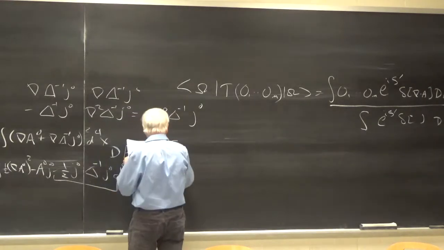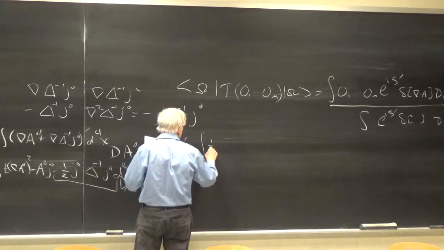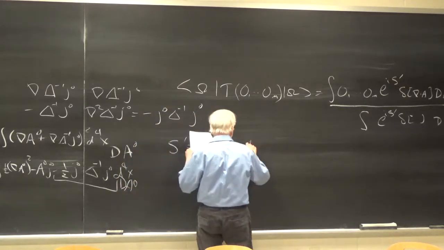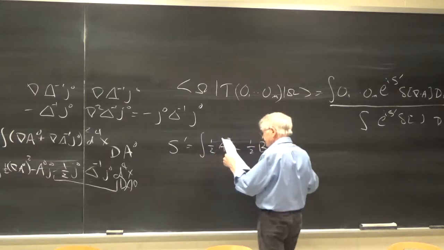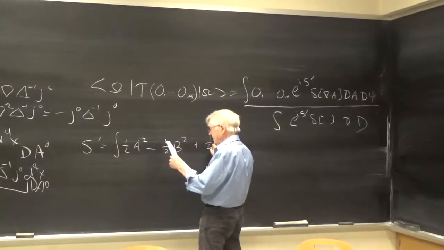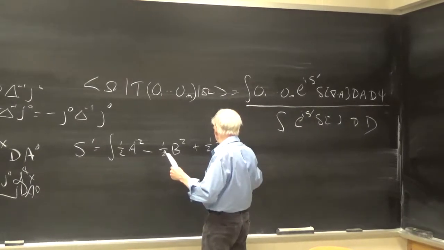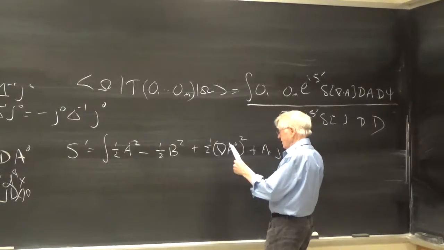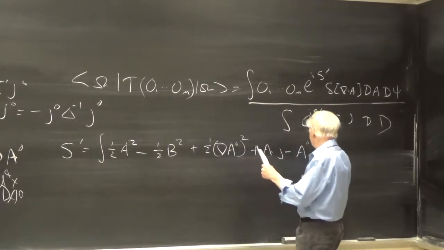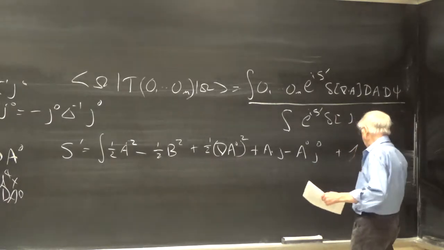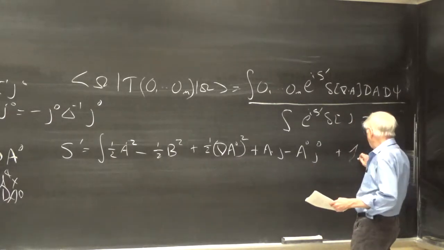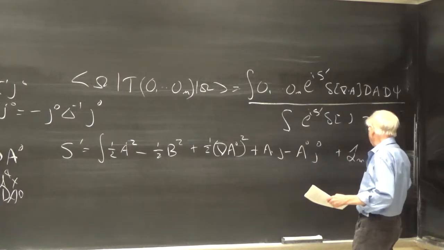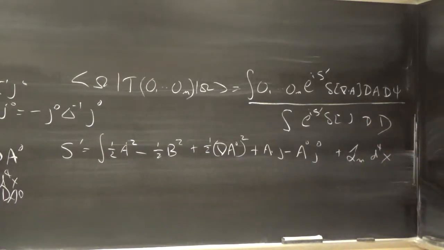And now this S prime is the integral of one half A-dot squared minus one half B squared plus one half grad A0 squared plus A dot J minus A0 J0, and then a matter term which I could have omitted and just mentioned parenthetically.